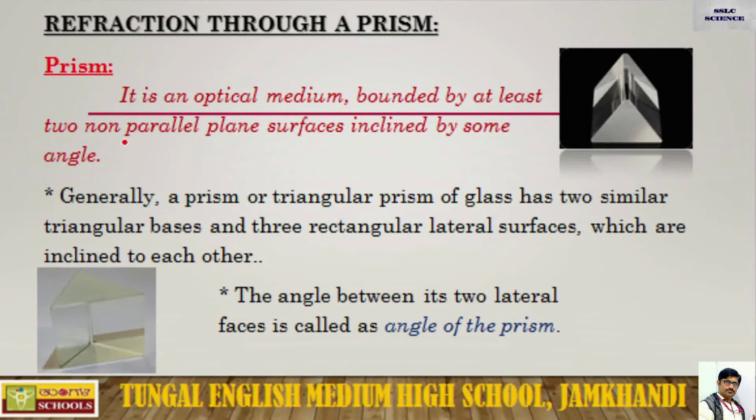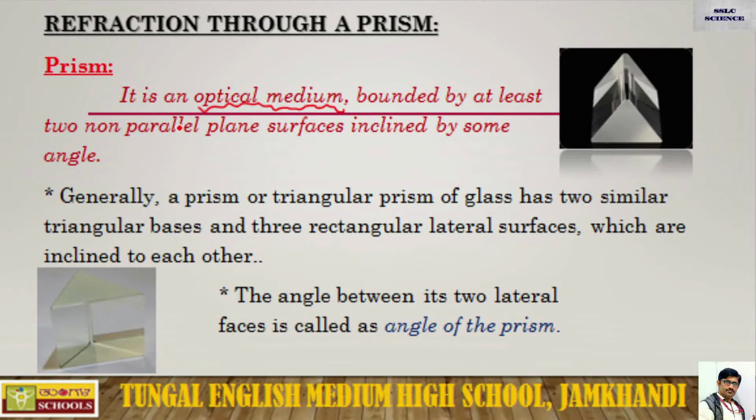Definition of prism. It is an optical medium. Remember, it is an optical medium. The optical medium is a medium where an electromagnetic wave like light enters and undergoes the phenomenon of refraction.